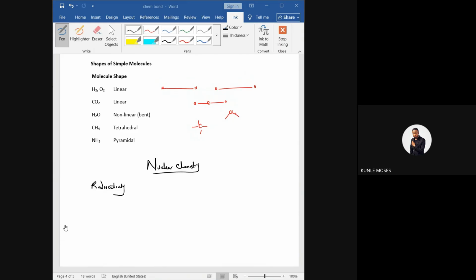So when it talks about radioactivity, it is talking about how some unstable nuclei emit, that is the spontaneous emission of radiation from unstable nuclei. That's radioactivity.